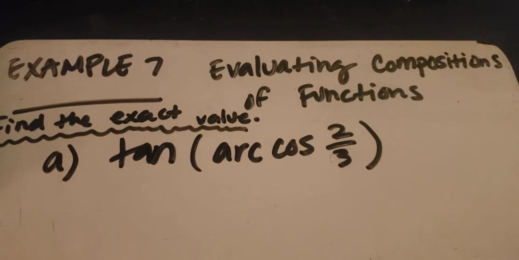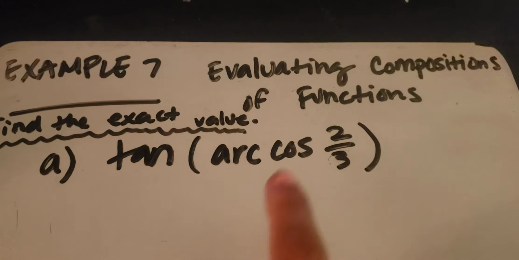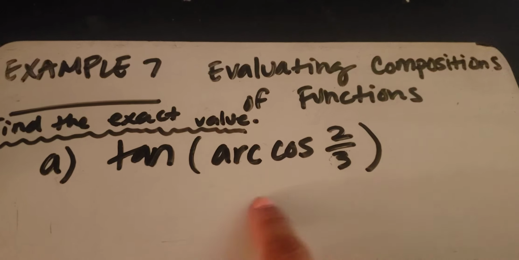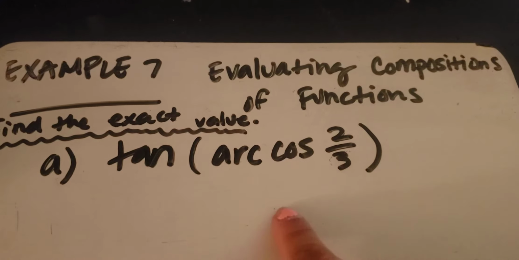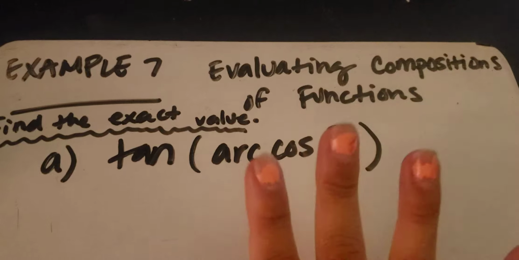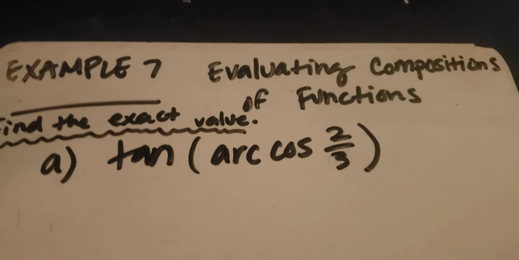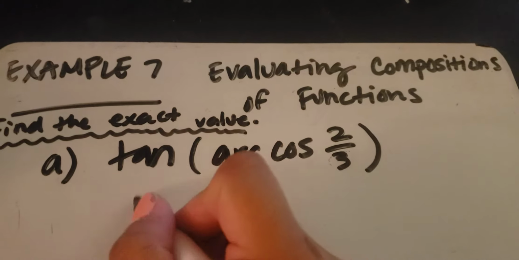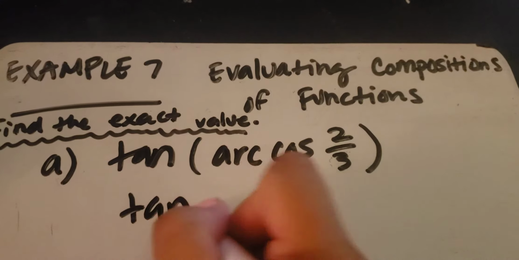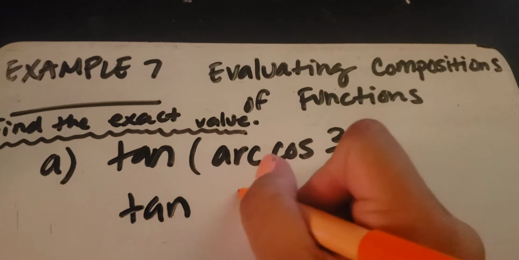So algebraically, okay, so here we go. My domain of our cosine is -1 to 1. Keep that in mind. But what we're going to do, since we're going to solve this algebraically, is we're going to write this as tangent of u.